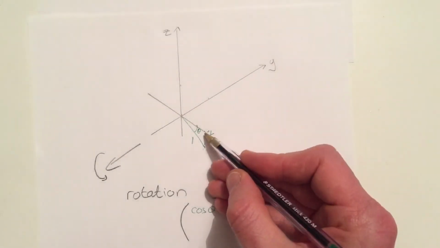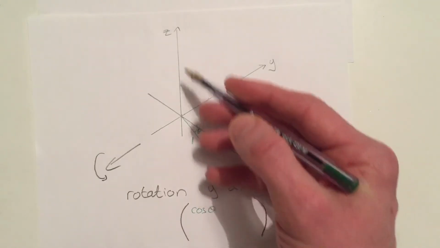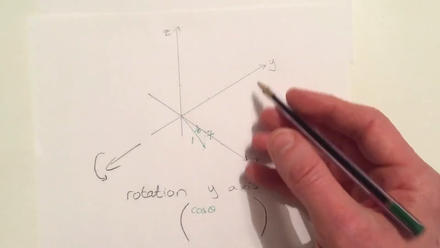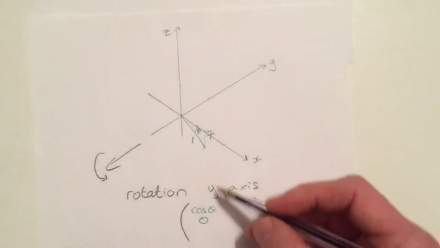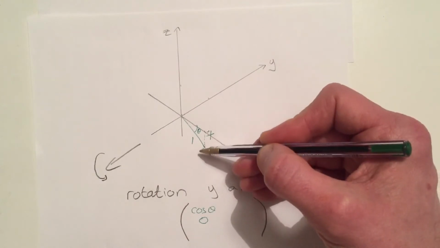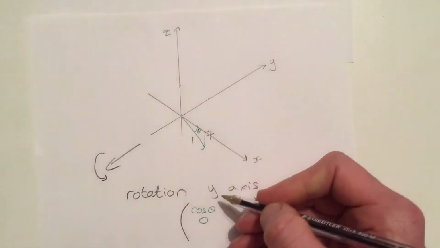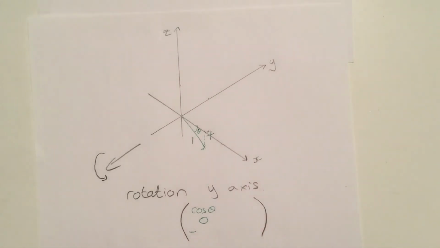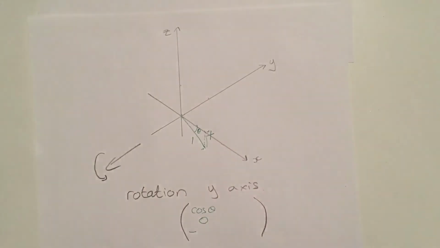So the y-coordinate here was 0, and moving it down slightly affects the z-coordinate but doesn't affect the y-coordinate, so that is still 0. The z-coordinate, I notice that that is negative now. Remember, this way is positive, so it's gone down. So I know this is negative, and it's represented by the opposite side of this right angle triangle.